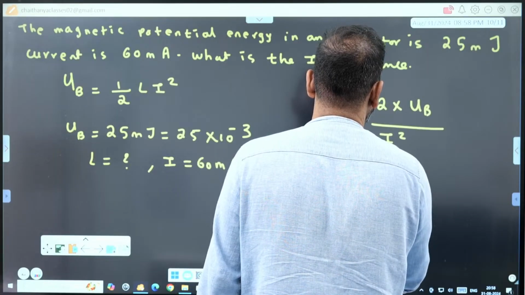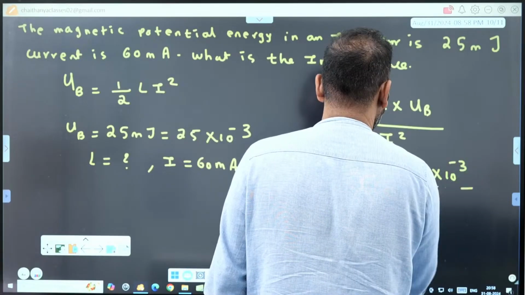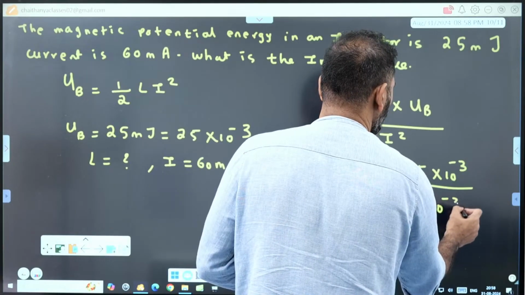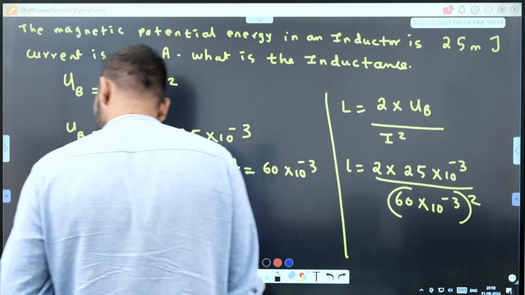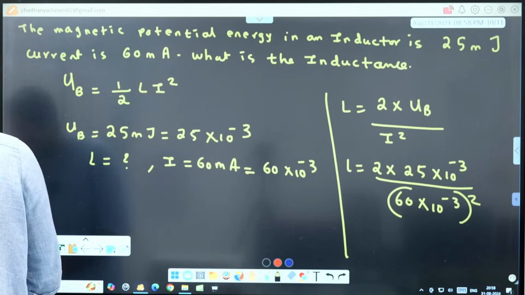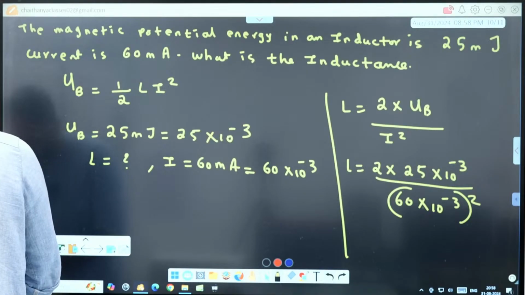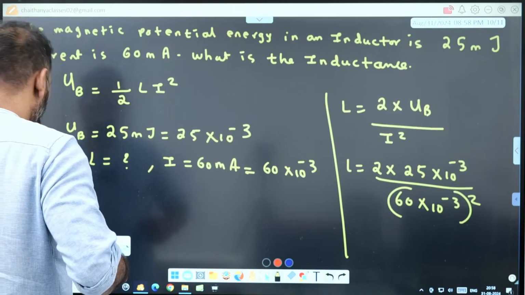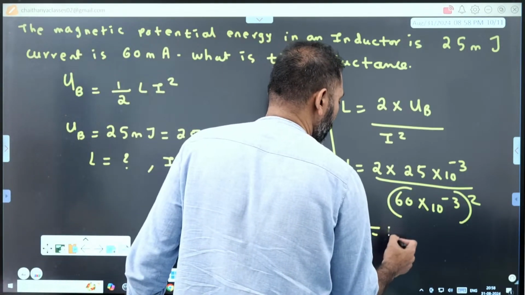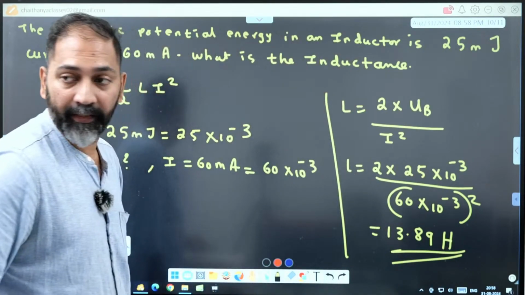So 2 into 25 into 10 raised to minus 3 divided by 60 into 10 raised to minus 3 the whole square. If you solve that, self-inductance value will be 13.89 Henry. This will be the answer, 13.89 Henry.